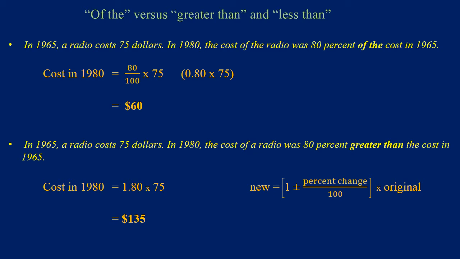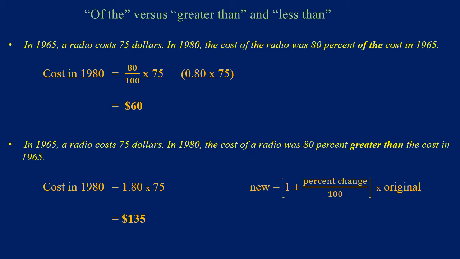We simply multiply 75 by 1.80 by applying the formula: new value is equal to 1 plus or minus percent change over 100, into original.